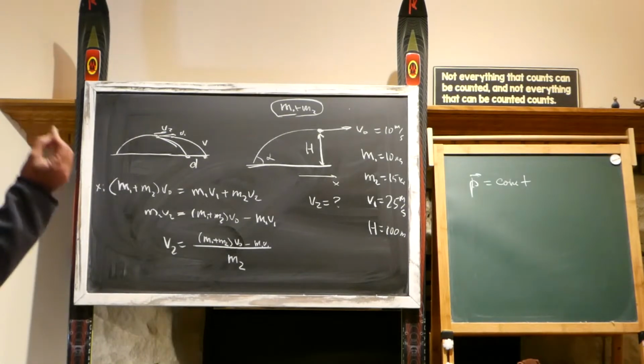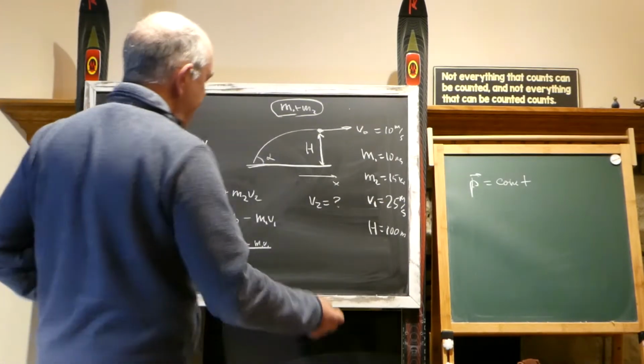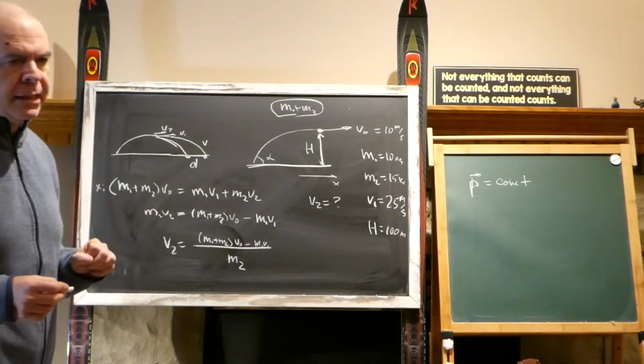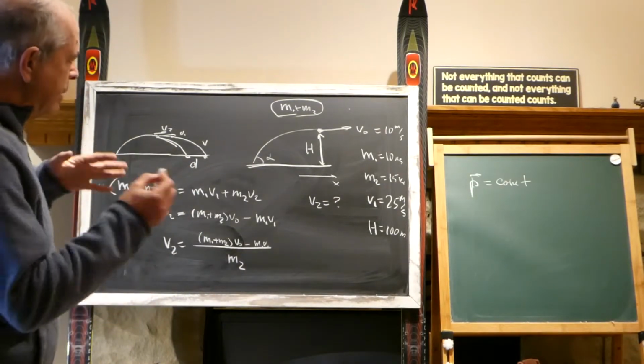And right away I can obtain the numbers, though I can keep this as a formula because they want us to find the distance. But this is such a simple case.